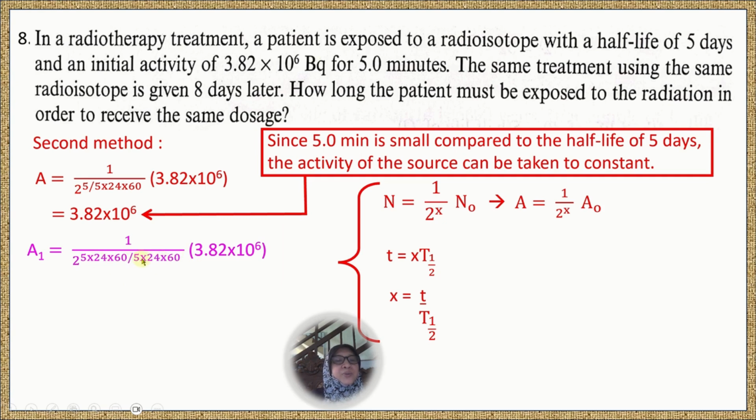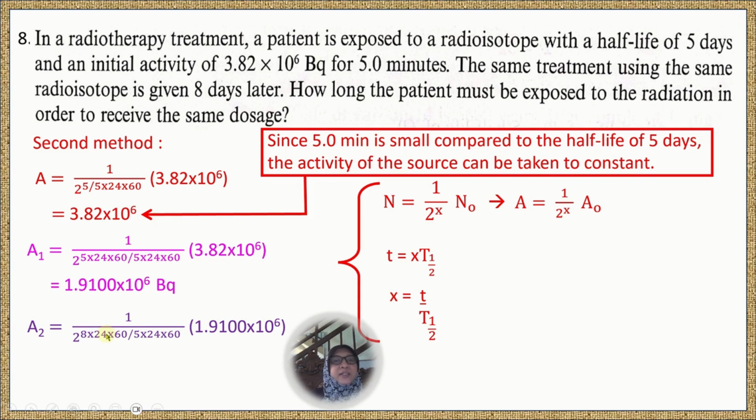So this one is 2 to the power of 1 times the initial activity 3.82 times 10 to the power of 6. This one is just now exposed for 5 minutes. So this A1 is also exposed for 5 minutes. So we get 1.9100 times 10 to the power of 6 becquerel. Okay, so now it starts to change. The activity starts to change if exposed 5 minutes at 5 days later.